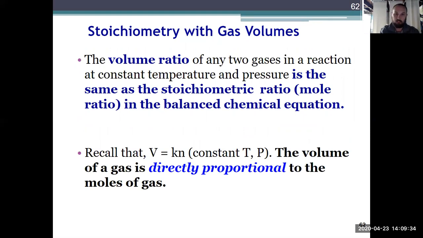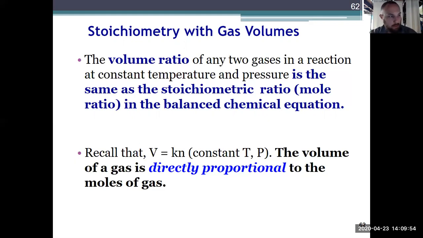So the volume ratio is the same as the stoichiometric ratio. That's because if temperature and pressure are constant, volume is proportional to molar amount. We saw that earlier in Avogadro's law. So volume is directly proportional to moles of a gas.